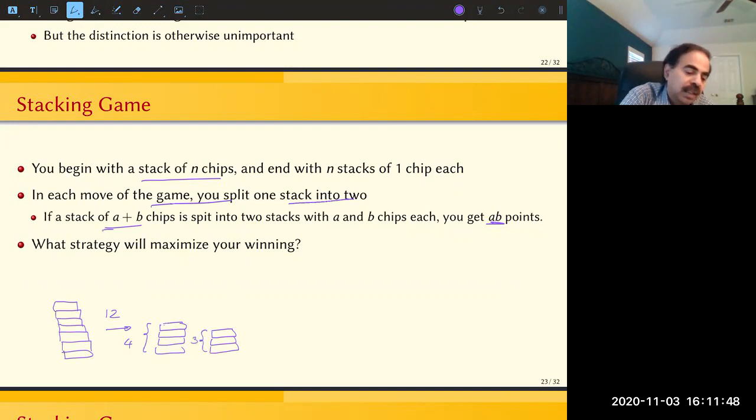You start with a stack of A plus B chips and you break it into 2. A simply refers to the height of the first stack, and B is the size of the second stack. And now maybe you can break the 4 stack into 2.